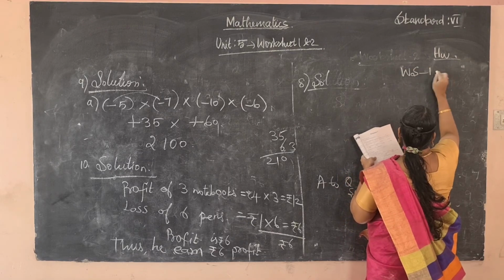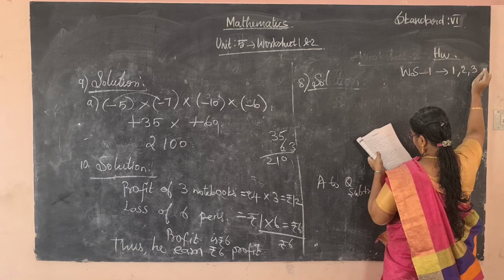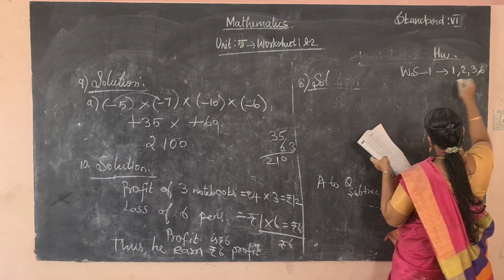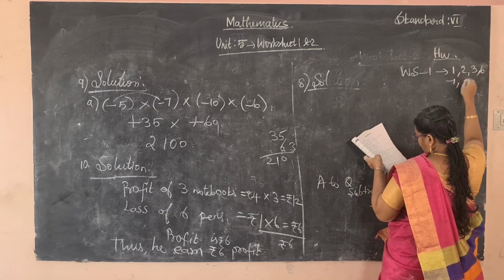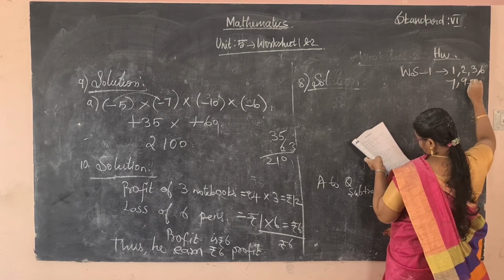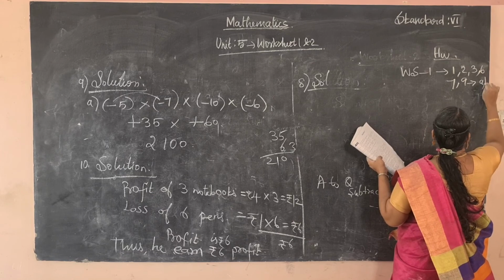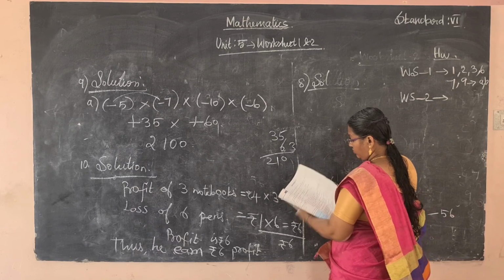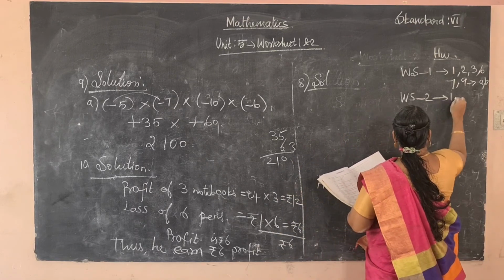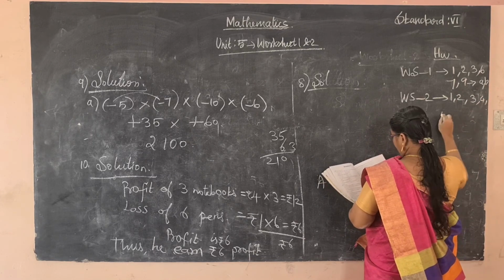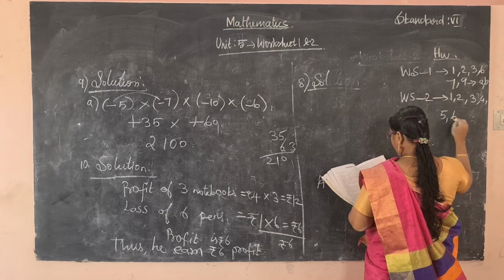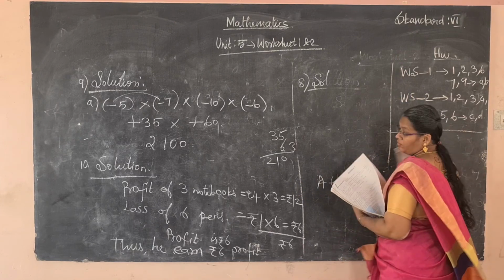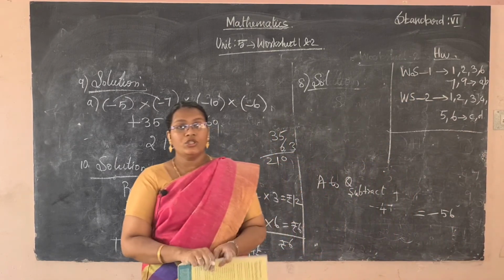Worksheet 1: 1, 2, 3, 6, 7, 9, A and B. Worksheet 2: 1, 2, 3, 4, 5, 6, C and D. Everyone should complete the homework and send it on the app. Thank you, students.